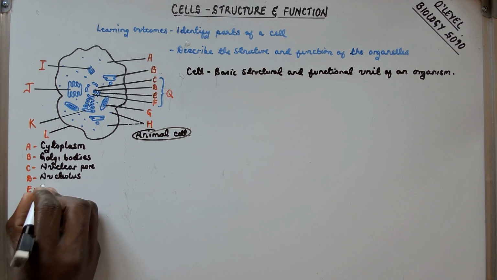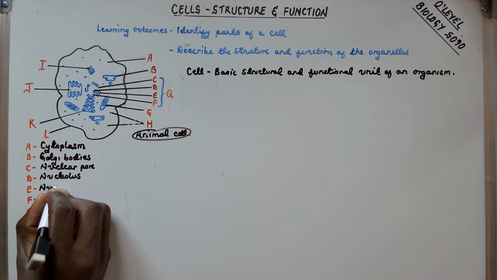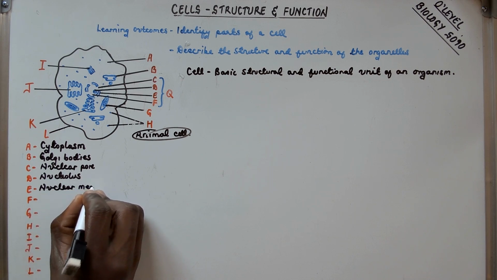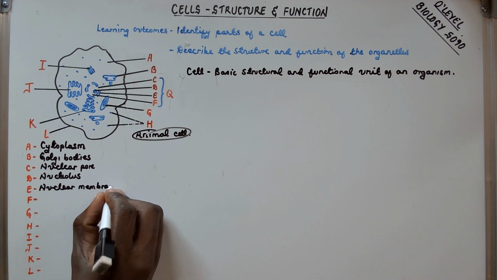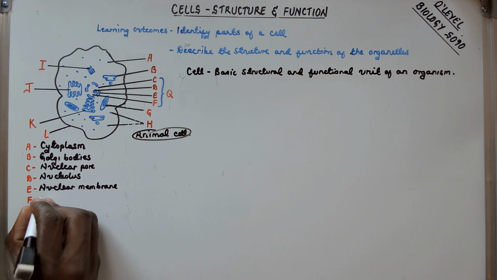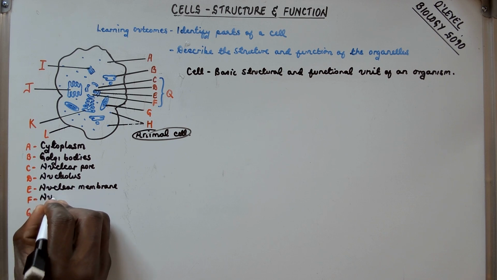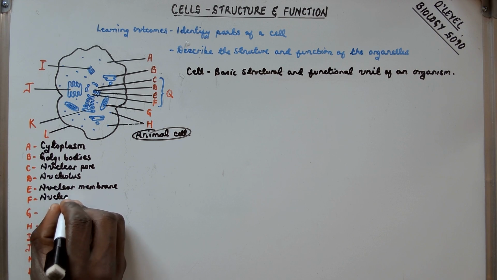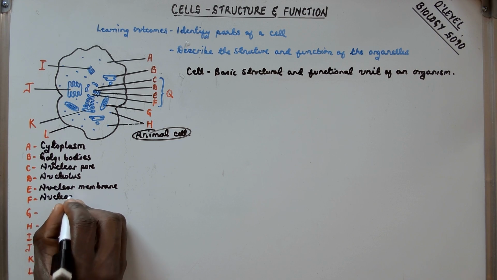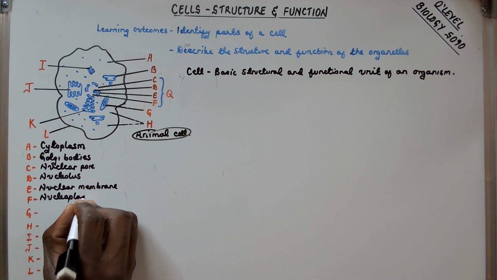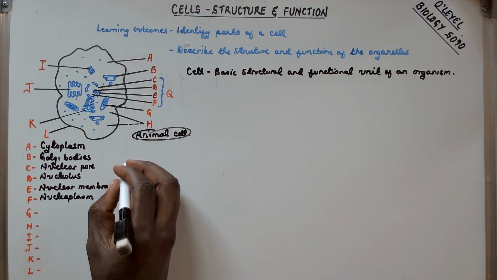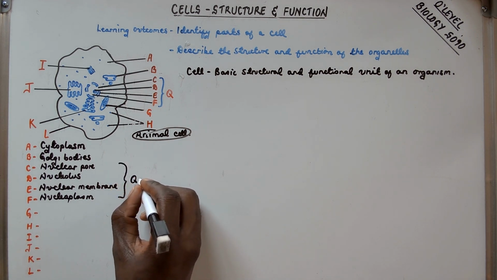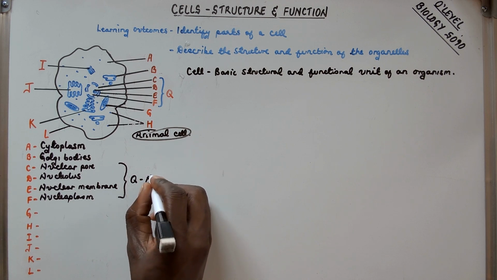E, the nuclear membrane. F, nucleoplasm. Now these four make up Q. Now what is Q? Q is the nucleus.